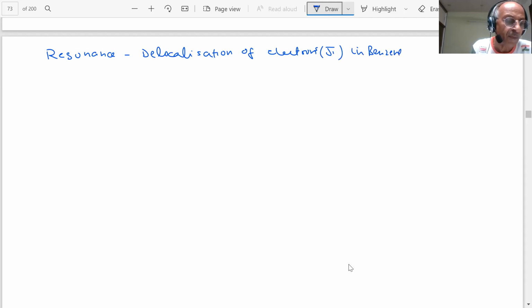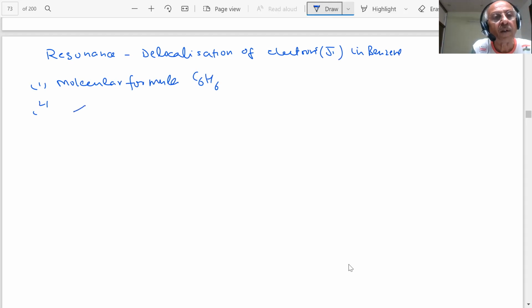Important point, student: the molecular formula of benzene was found to be C6H6. And the structure proposed earlier by Kekulé was this.